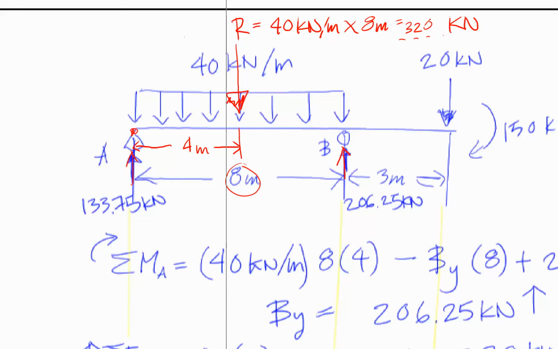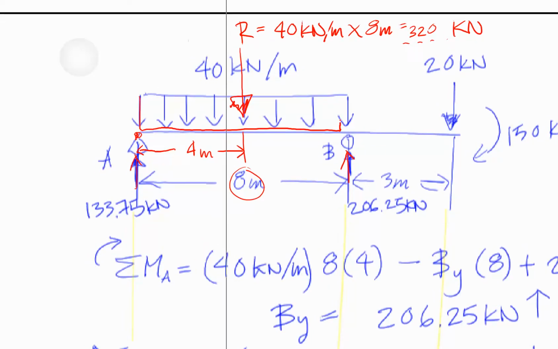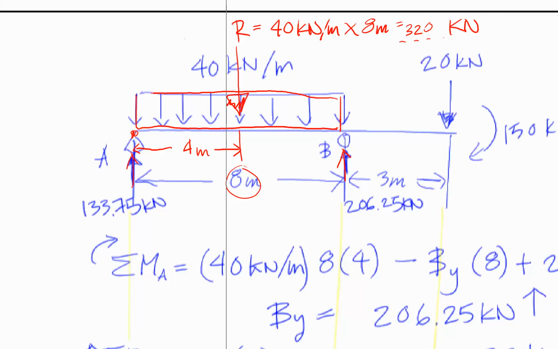And so remember to always repeat this when you do sum of the moments. It's force times distance. And try to go in that order as much as you can as a system, so that you have a consistent approach. So force is the resultant force, which is 320, times distance, which is the centroid of that load, which is 4 meters. And if you can't see that, just imagine this thing as a rectangle.